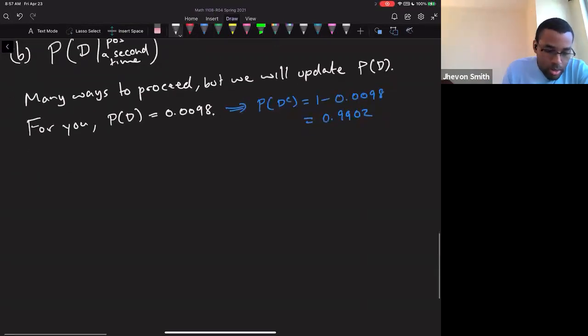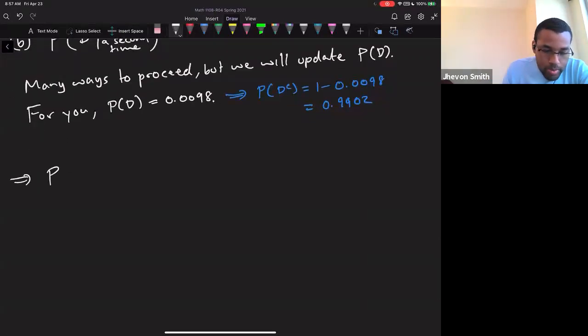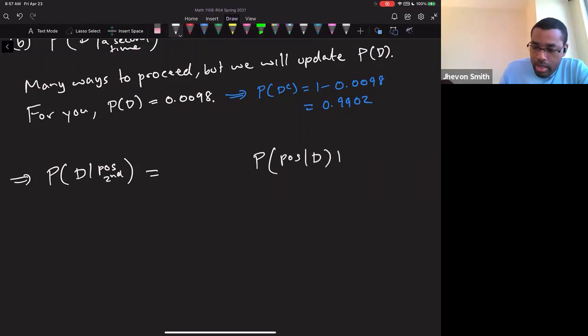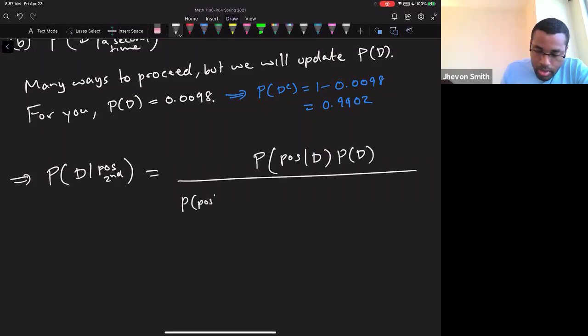And then now, the probability of having the disease, given that you test positive a second time, is going to be the probability that you're positive given that you have the disease, times the probability of having the disease, over positive given that you have the disease, times the probability of having the disease, plus positive given that you don't have the disease, times the probability of not having the disease.